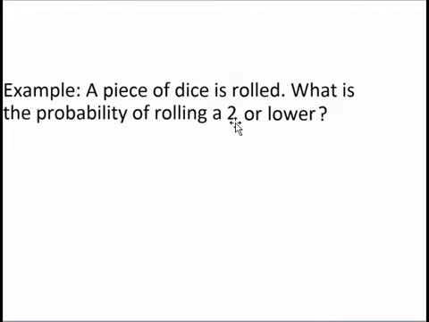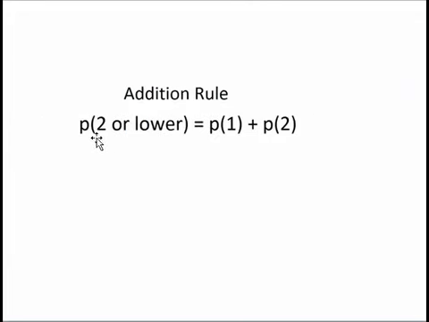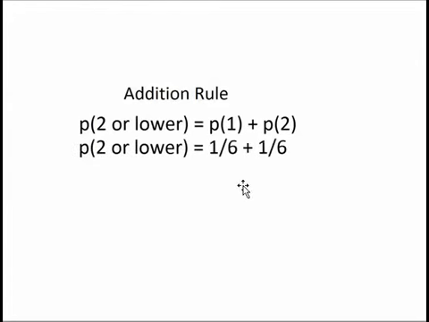This one says, what's the probability of rolling a 2 or lower? This is really just asking what's the probability of rolling a 1 or a 2, because 1 and 2 are the 2 outcomes that are 2 or lower. So the probability of rolling a 1 or 2 is equal to the total of the two separate probabilities. We already know that each side has a probability of 1 over 6.